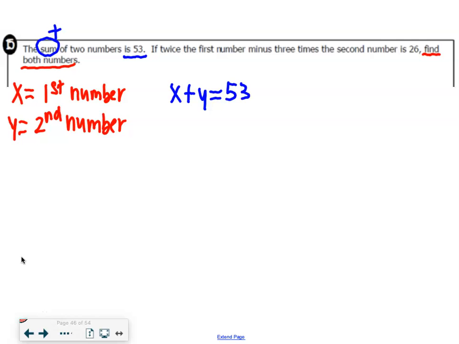That wasn't so bad. Now our second equation says if twice the first number, so how do I show 2 times my first number? Well, that would be 2x minus 3 times the second number, so 3y is what, guys? Is 26.